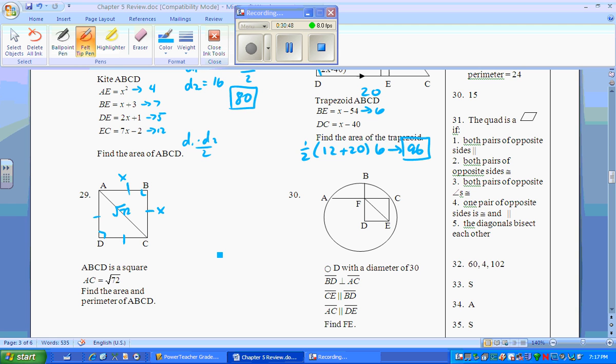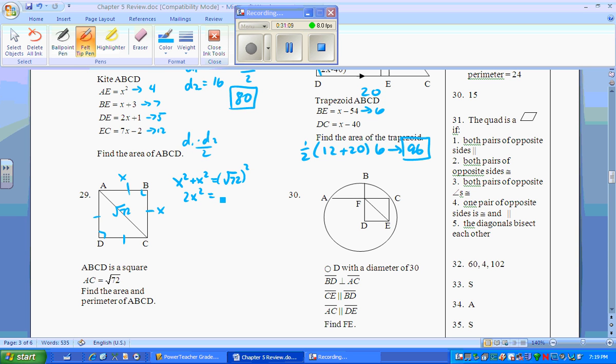There's multiple ways of doing this question, depends on the knowledge that you know. The best way I know how to do this is the Pythagorean theorem. So we would have x squared plus x squared would equal the square root of 72 squared.